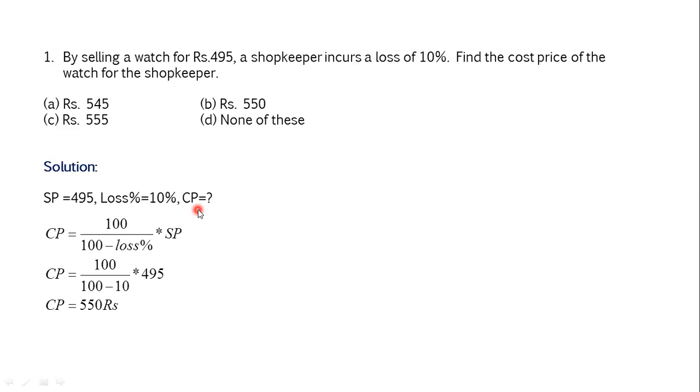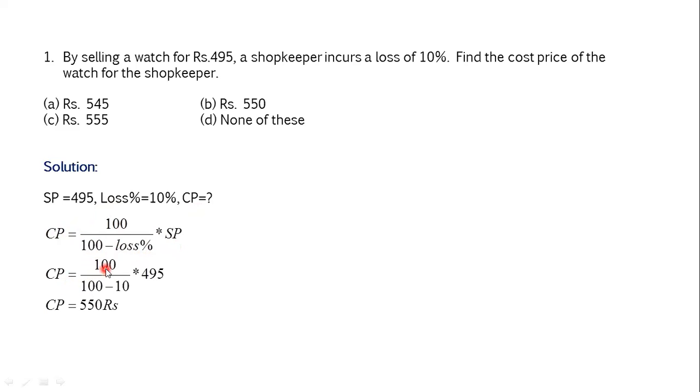When will there be a loss? When selling price is less as compared to cost price. That means cost price should be bigger as compared to selling price. So the formula will be CP is equal to 100 upon 100 minus loss percentage into SP.